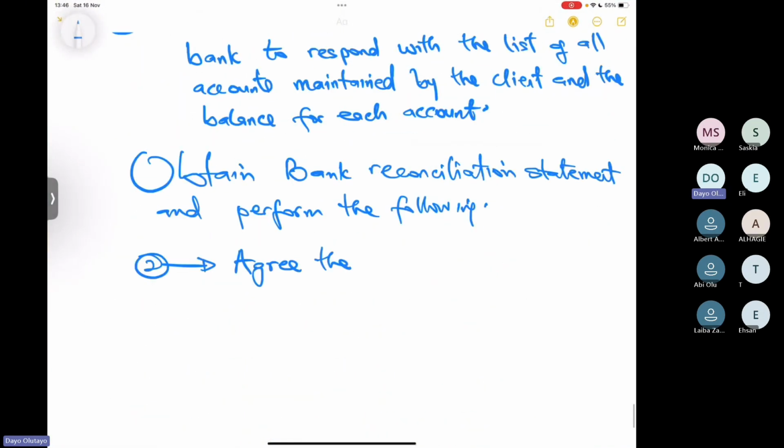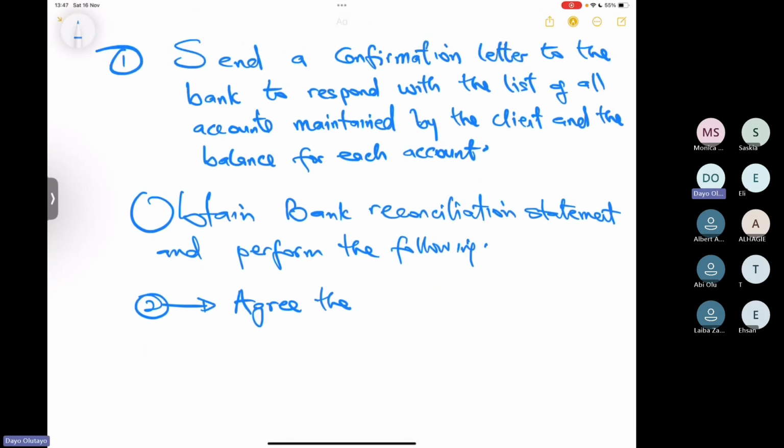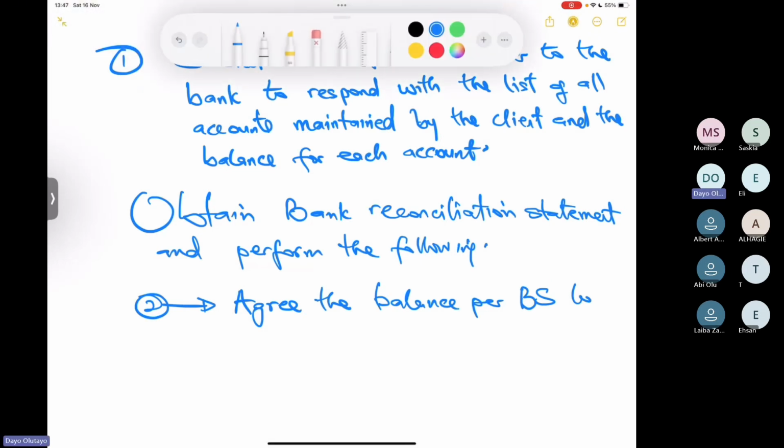Okay. So I have to show you so that it's not just flying in your head. So you want to agree the balance to the bank statement. Let me write it in full. So this balance per bank statement, remember, is on the reconciliation statement. So agree the balance per bank statement on the reconciliation statement to the bank statement itself.